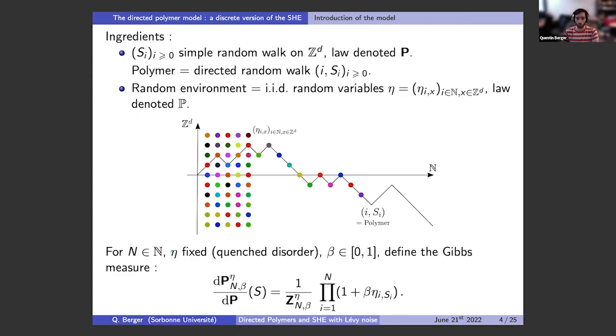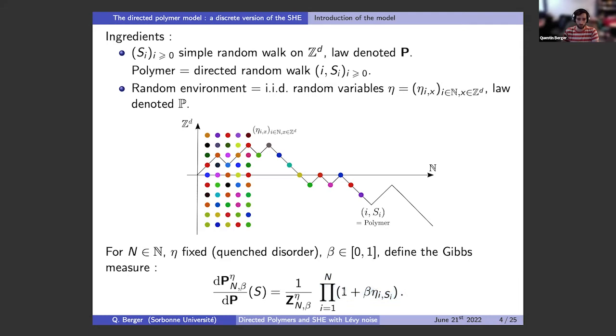And you consider a new measure on trajectories of the polymer, a new measure on configurations of polymers, which gives a mass proportional to the product of 1 plus beta times the random variables that you see along the trajectory.